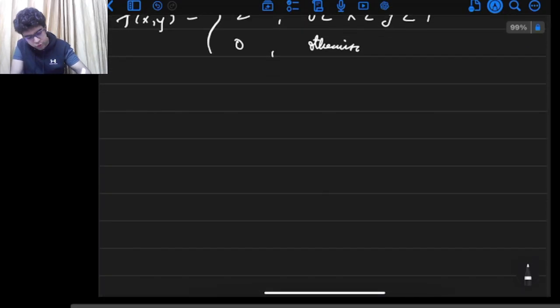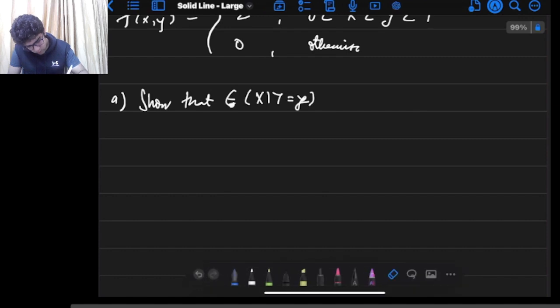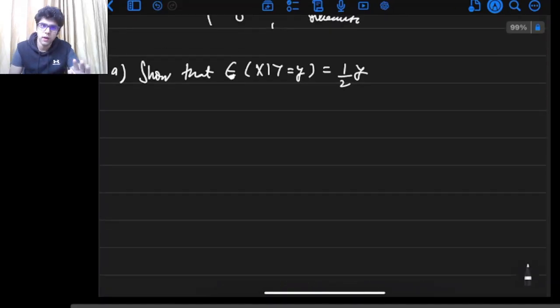Now we need to show, the first part says, that the expected value of x conditional on y equals half of y. So this is our first part.